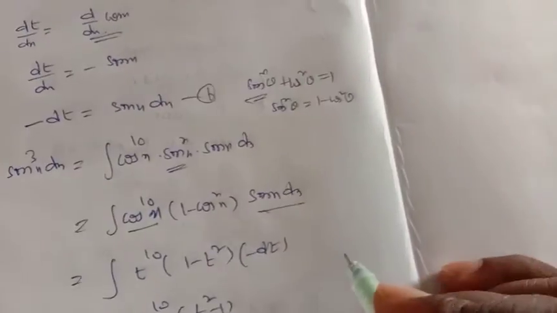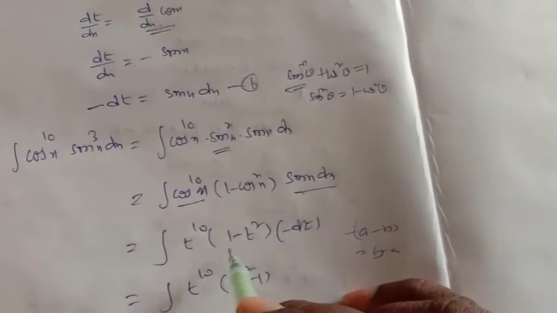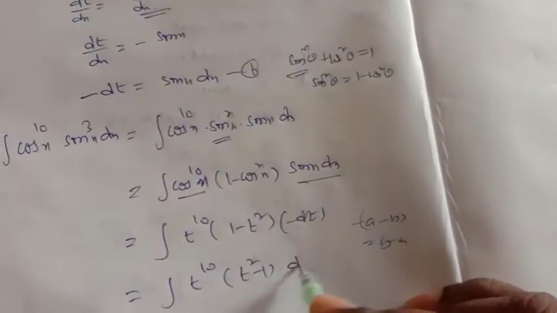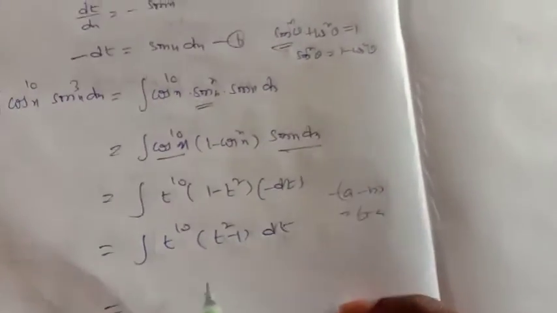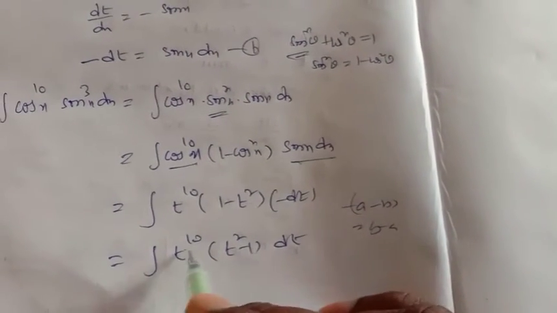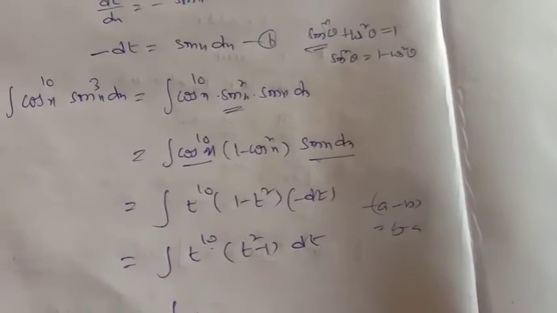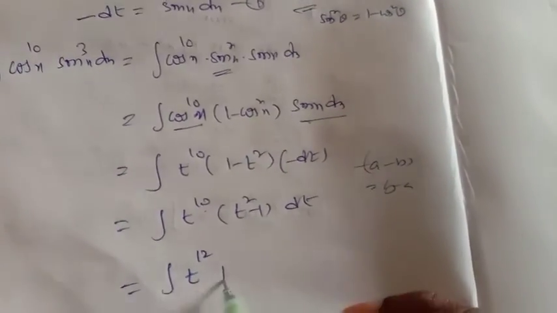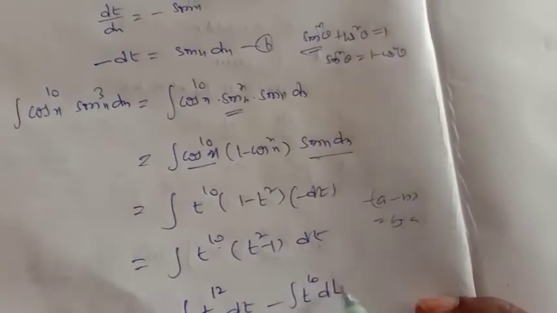Similarly minus into 1 minus t square equal to t square minus 1. Then multiply t to the power of 10 into t square, that is a to the power of m into a to the power of n, 10 plus 2, 12: t to the power of 12 dt minus t to the power of 10 dt.